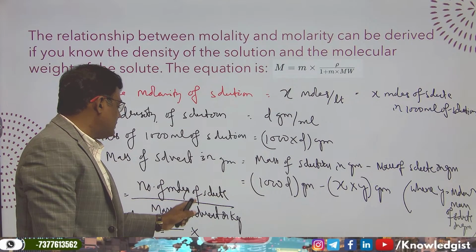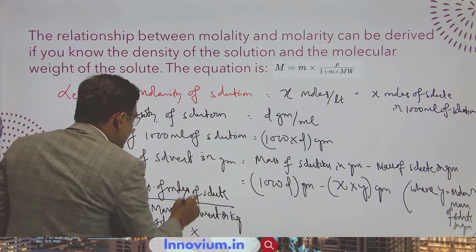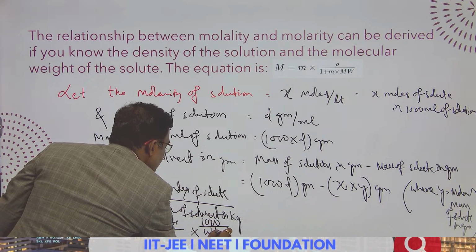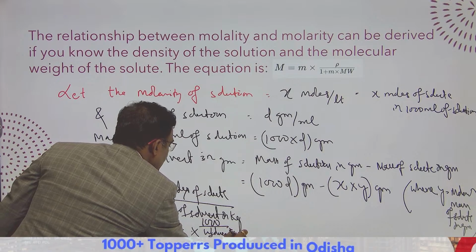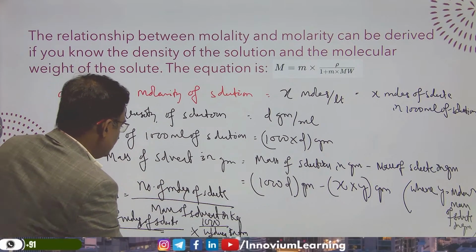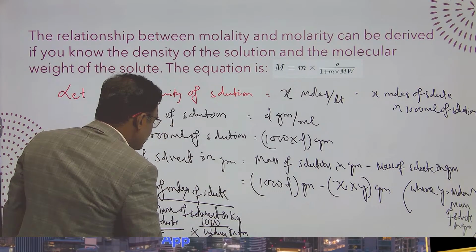So instead of the solvent mass in kg, if it is in gram, then what is the expression? That expression is this one, 1000 by W solvent in gram. So number of moles of solute into 1000 by W solvent in gram.